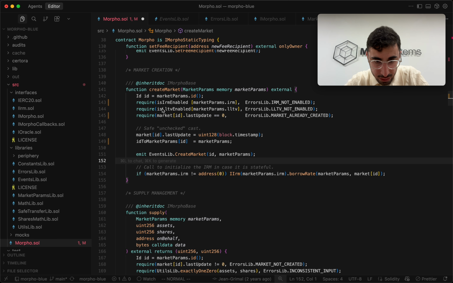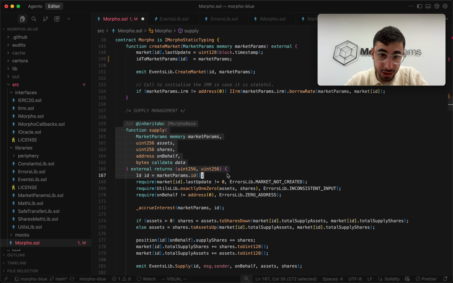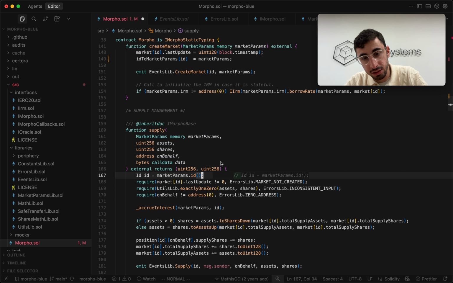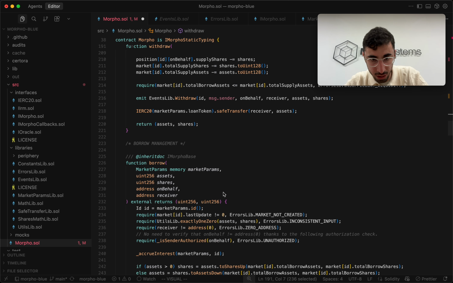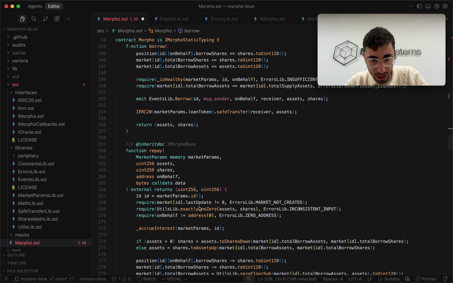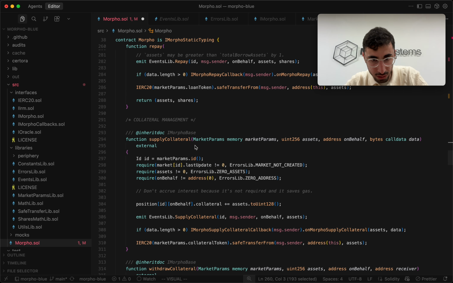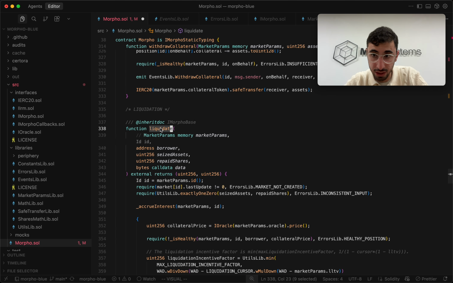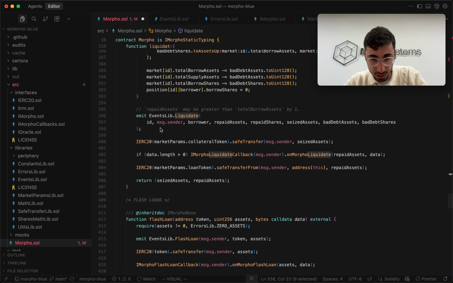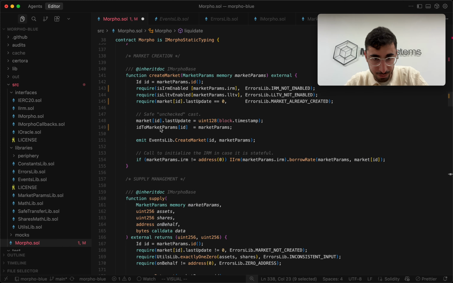Okay. So set fee, create market. We talked about create market. And then we have the lending market specific functions: supply, withdraw, borrow, repay, supply collateral, withdraw collateral, and liquidate.